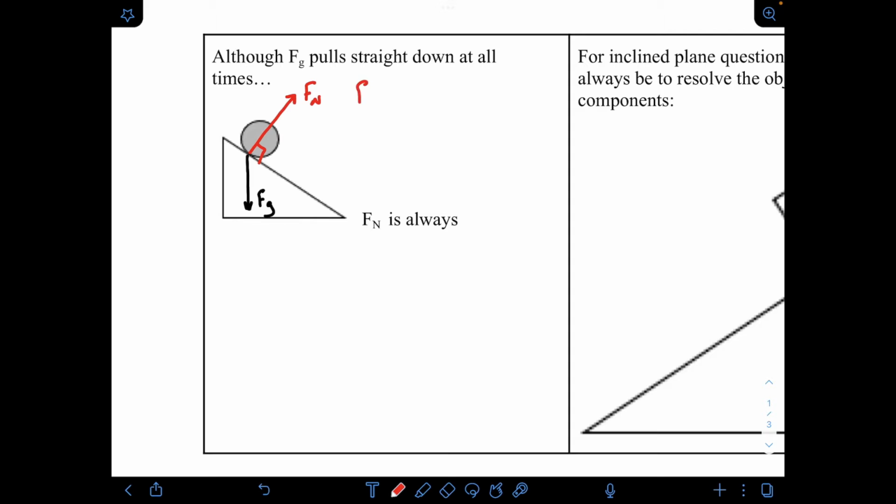The normal force does not always point straight up. The normal force is always perpendicular to the surface.